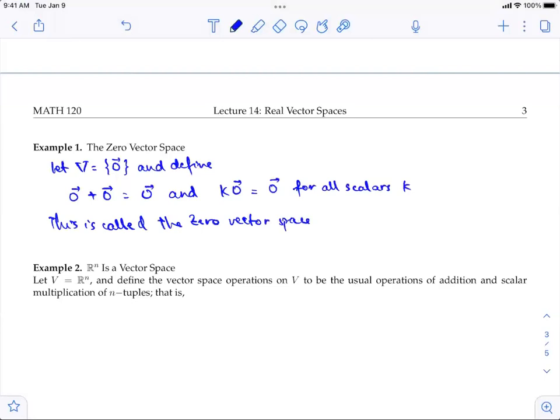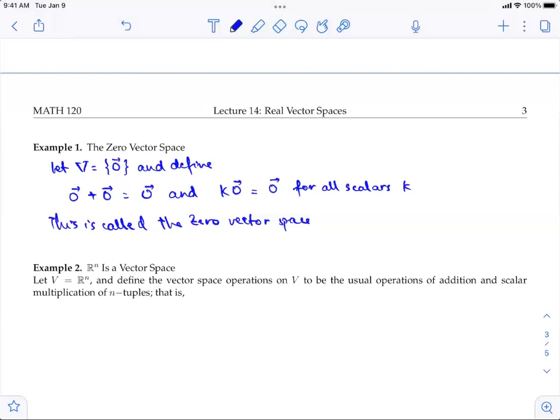We're not going to spend time checking all the 10 properties given in the definition. We just look at the vector space and focus on the four entities: the set of vectors, the set of scalars, vector addition, and scalar multiplication.